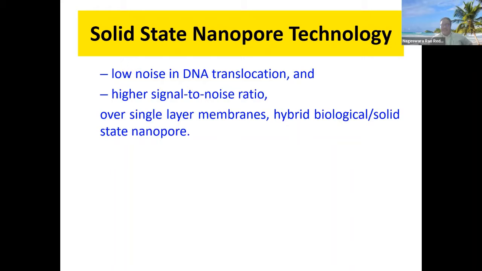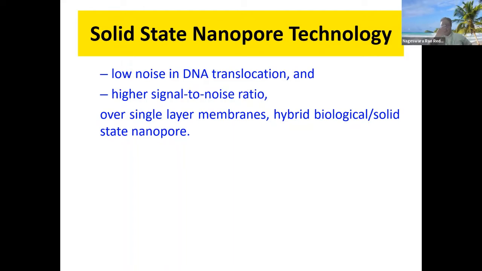So what are the other advantages we have? Low noise while translocating the DNA. That means there is little disturbance when the DNA is actually passing through the nanopore material. Okay, and we used to get a good signal to noise ratio.